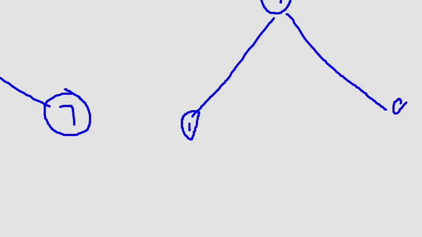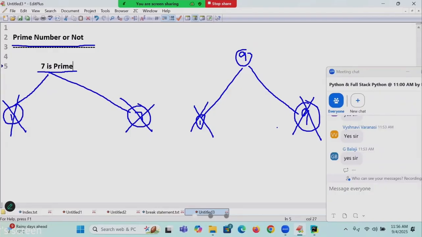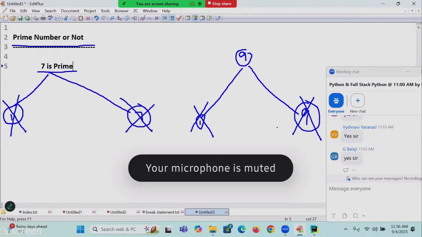Okay. Is 9 a prime or not? 9 is also divisible by 1 and itself. So, when you are deciding whether any number is prime or not, don't check with 1 and that number. Check the numbers which are lying in the middle.